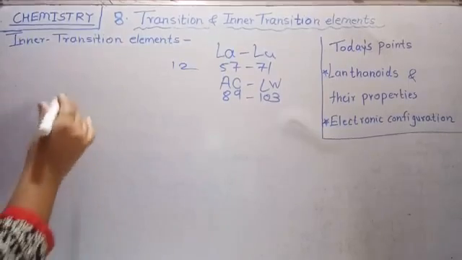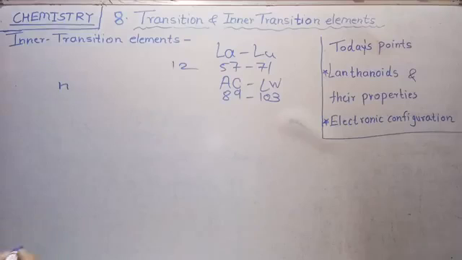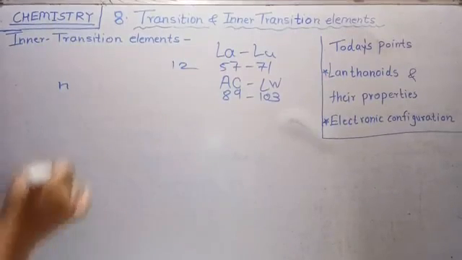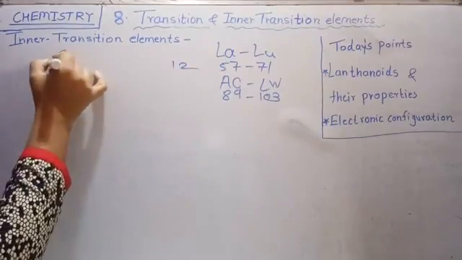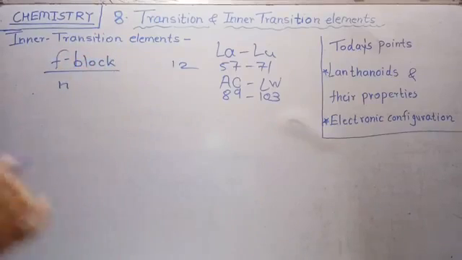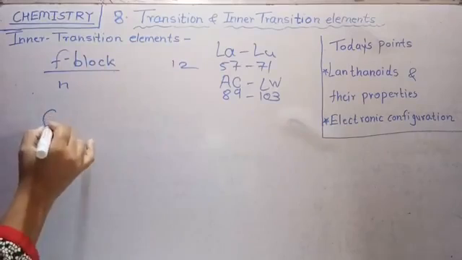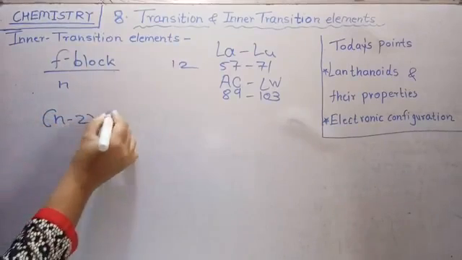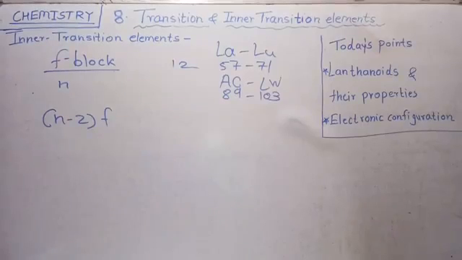If you consider small n as the number of the last shell, then for the F block elements, their valence electrons enter into the pre-penultimate shell F orbital.